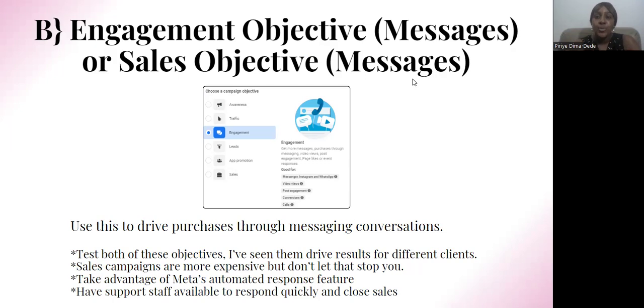So when someone clicks on your message and they open that up on their phone or on their device, they can click on that question that you set, and then they would immediately get the answer or the response you set when you were setting up your ad campaign.